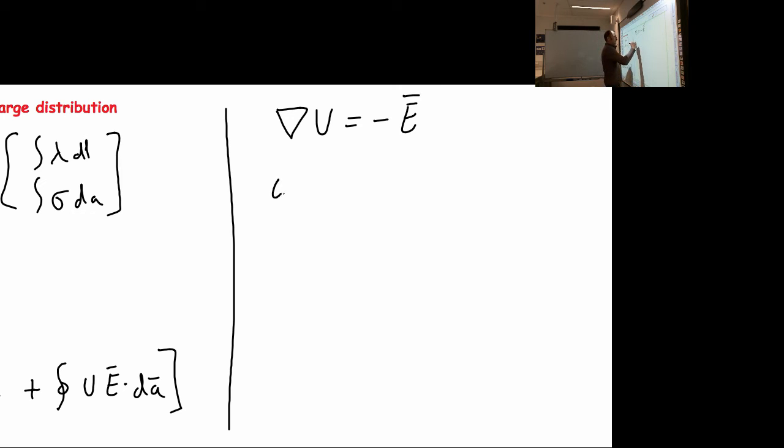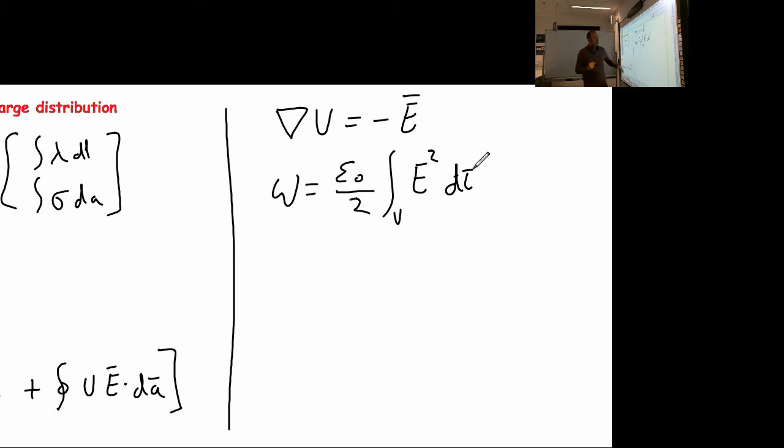So now we can write the work done as equal to epsilon naught divided by 2 times our volume integral of E squared d tau, plus the surface integral of V times the electric field dot dA. Okay, this is our volume integral, this is our surface integral.